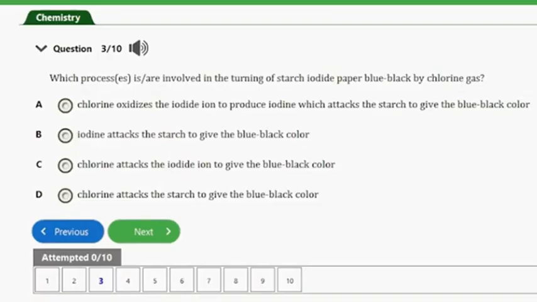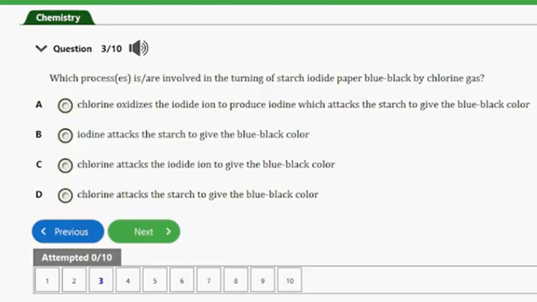Question number 3 here. It says, which processes are involved in the turning of starch iodine paper blue-black by chlorine gas? A, chlorine oxidizes the iodide ion to produce iodine, which attacks the starch to give the blue-black color. B, iodine attacks the starch to give the blue-black color.